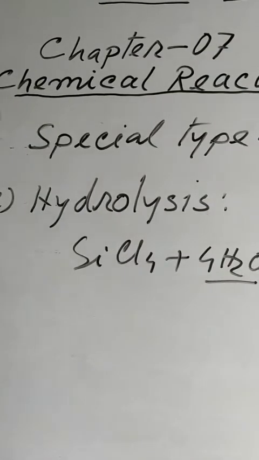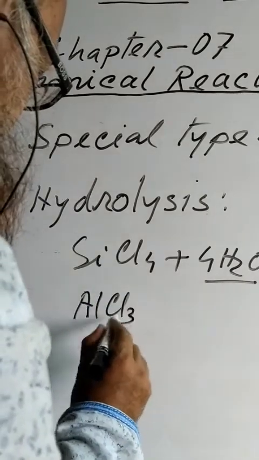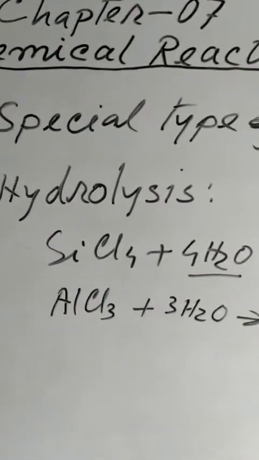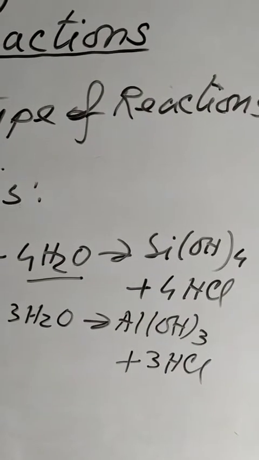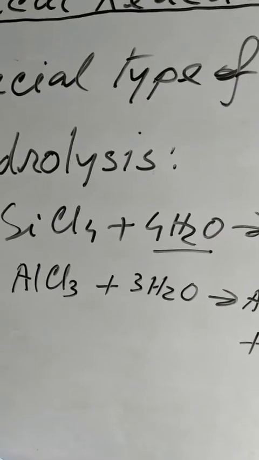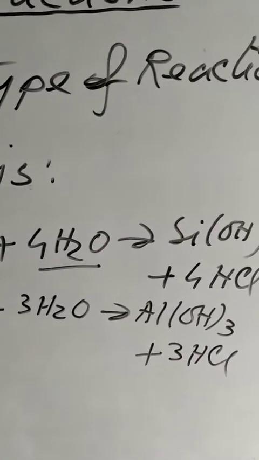Now another example, aluminum chloride reacting with water produces aluminum hydroxide plus HCl. Here also water participated, and water itself is decomposed and reacts with aluminum chloride to produce aluminum hydroxide.